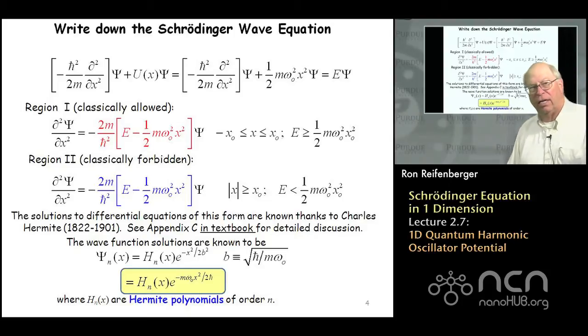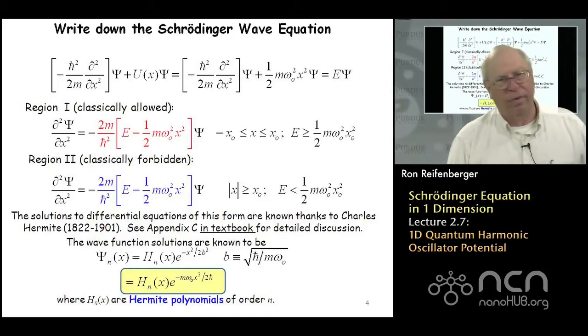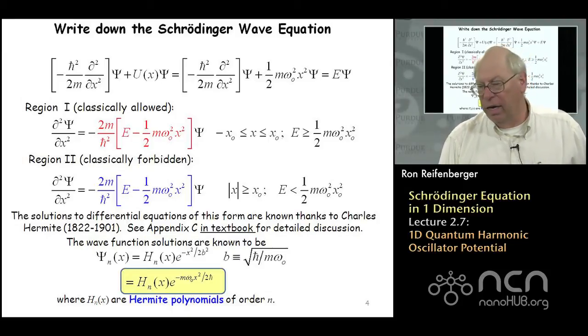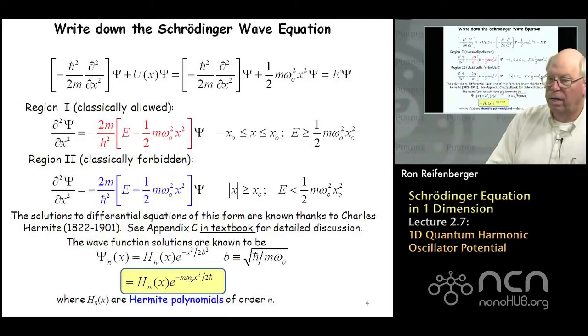There will be, again, two regions that we have to consider explicitly. There's going to be a classically allowed region, defined by the two classical turning points of this particle of mass m as it oscillates in this potential well.